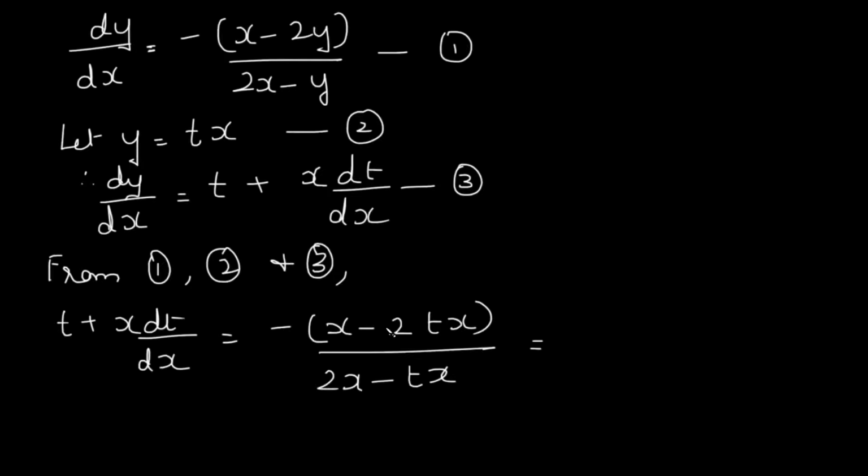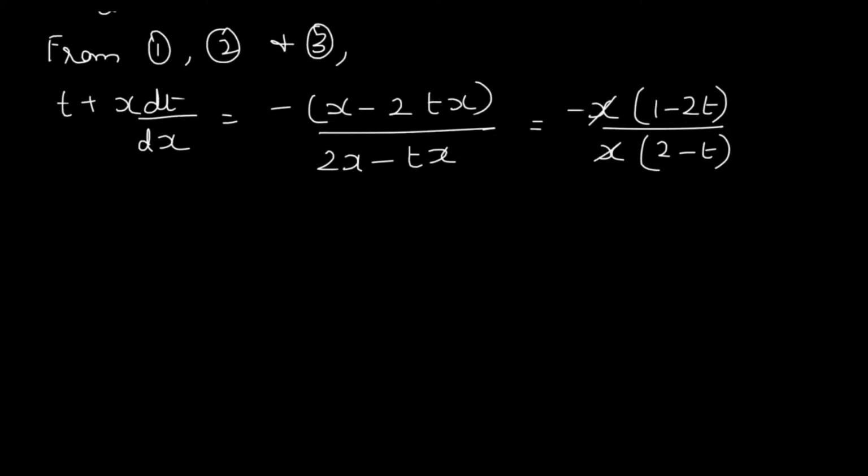So in this case, as you can see, x comes out common. So minus x, (1 minus twice of t) in the numerator, and in the denominator we get x common, (2 minus t). So x gets cancelled and therefore we get t plus x dt by dx. Now we can send this t to the RHS as well.